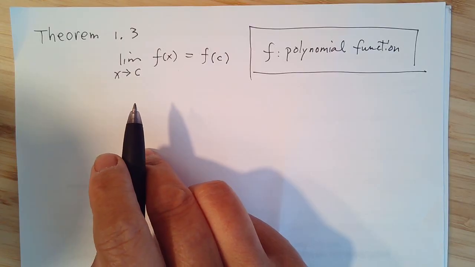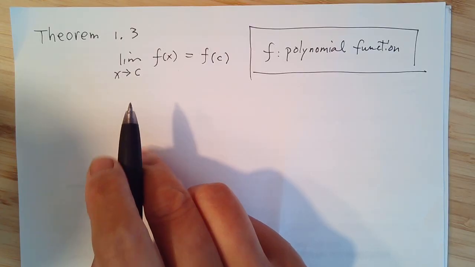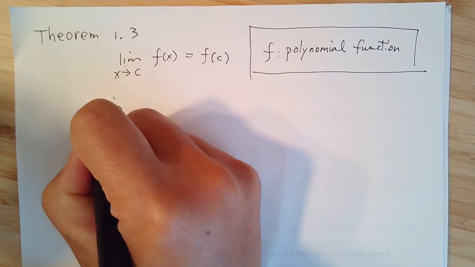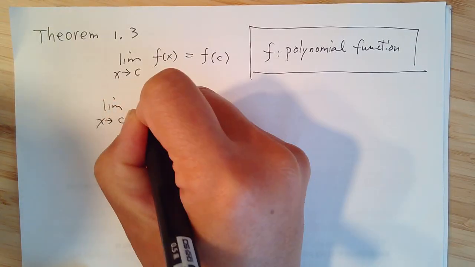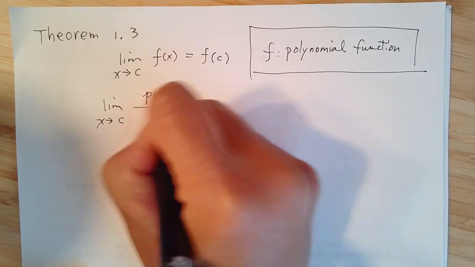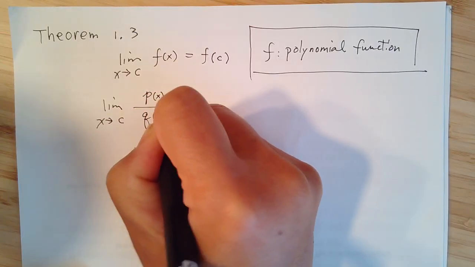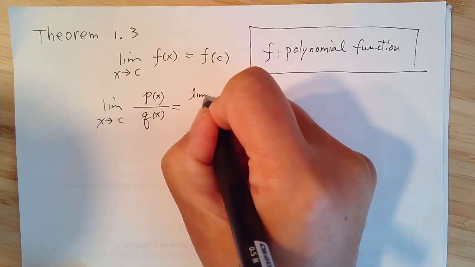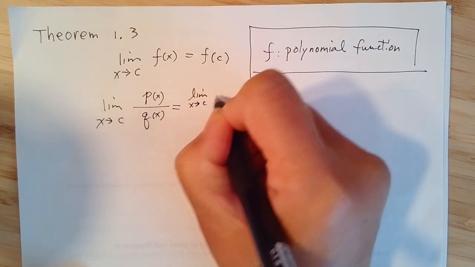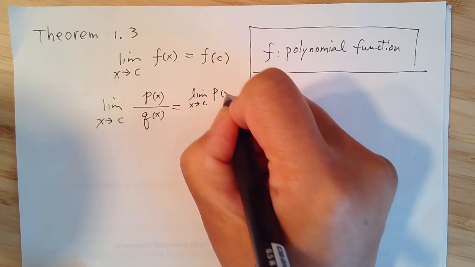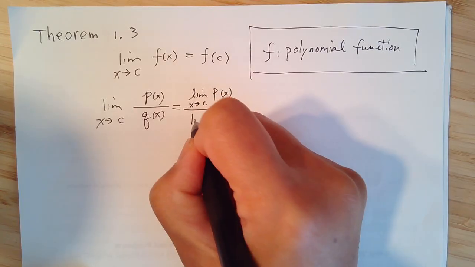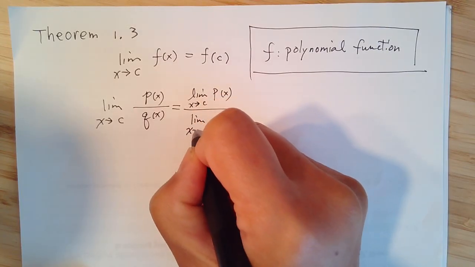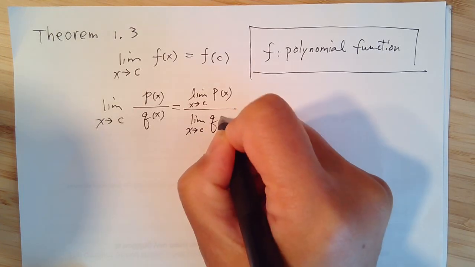And for a rational function, if you have x approaching c, you have P of x over Q of x, then you can just go limit as x approaches c of P of x, which is what we know from the previous theorem 1.2, over Q of x.